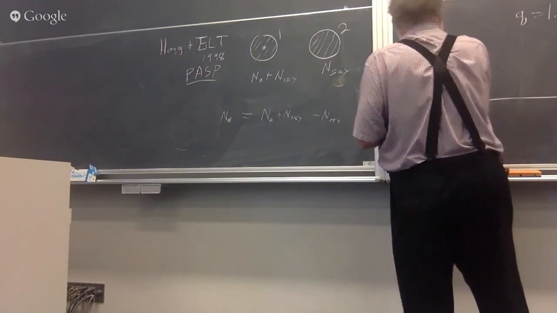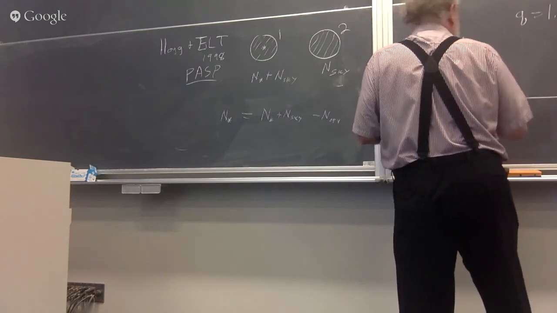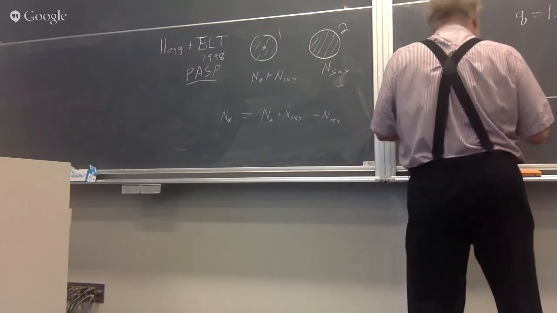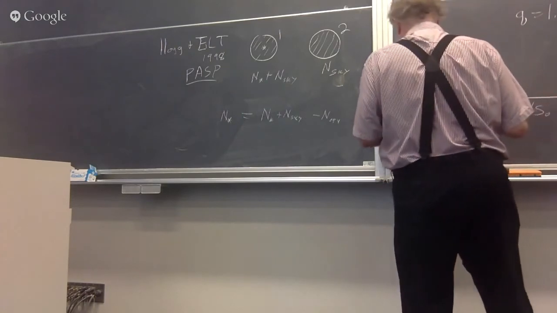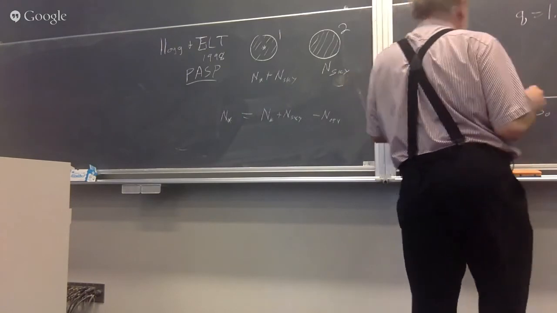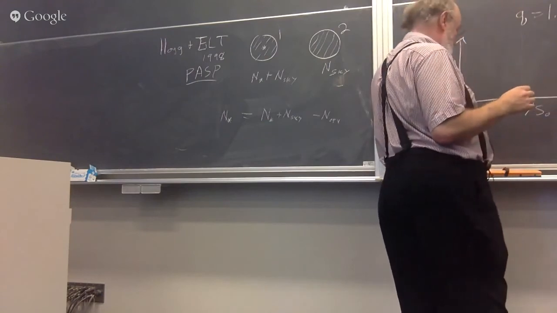Observed is just the observed number of counts. This is the true number, versus S over S observed. And this is a function of the signal to noise.